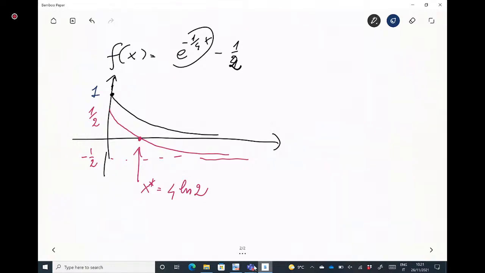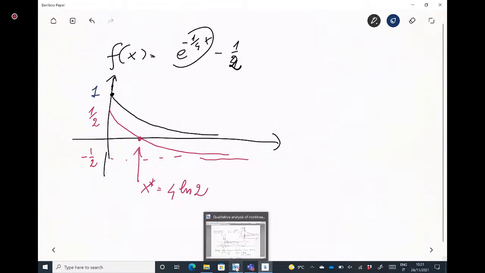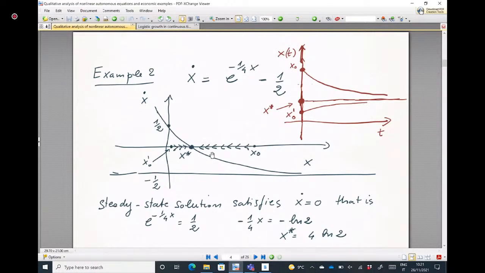Okay, so this is another example of an elementary function with some qualitative properties, especially reinterpreted in terms of stability. Why is that? Because if you look now at the arrows of motion, and you suppose that you start at x star, it is a steady state, the system will remain there forever. But if you start above x star, for instance, x0 is here with a larger value than x star, what happens?